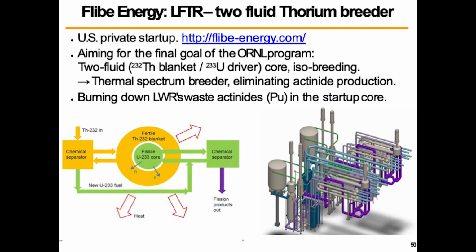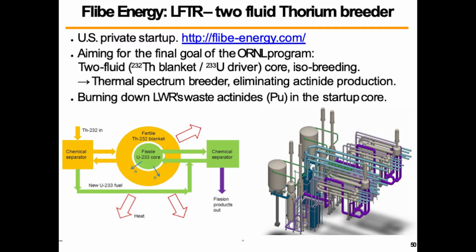And then there's Flibe Energy, and Flibe Energy aims to reach the holy grail of thorium energy, where our only input into the reactor is thorium. Thorium is non-fissile, so we have to do something with it. The fissile element is uranium-233, which is being fissioned in the core, and as it produces neutrons, these neutrons transform thorium-232 into uranium-233 fuel.